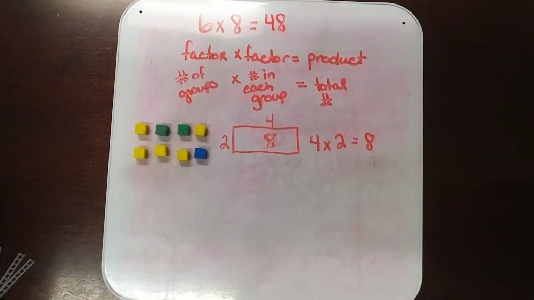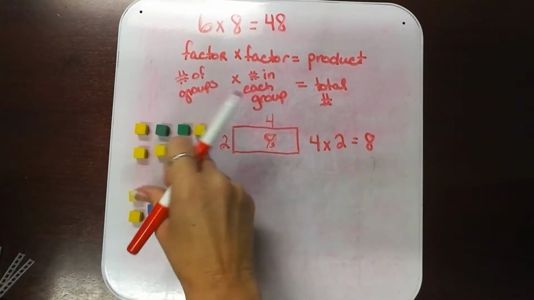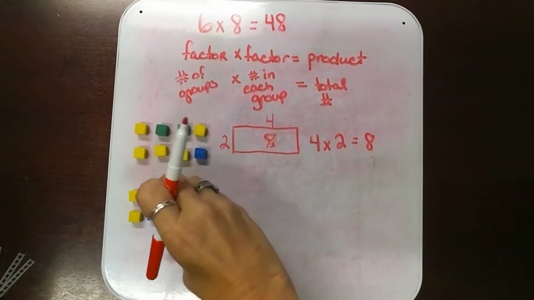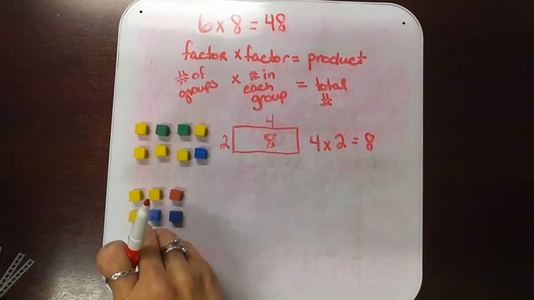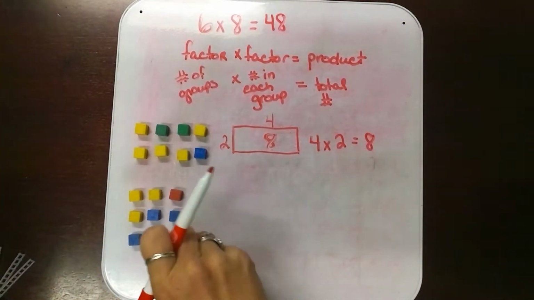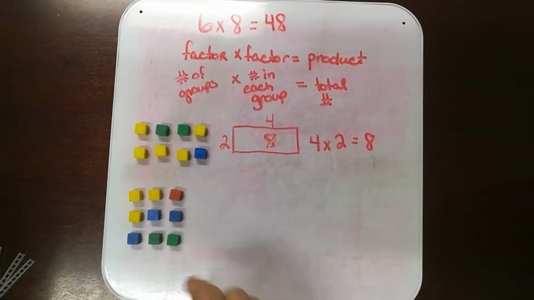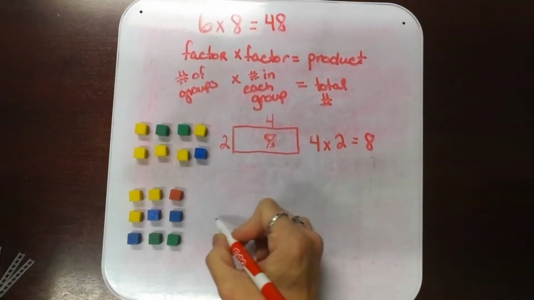It would be a great time to do something like this, because one of our TEKs says that we have to teach students about perfect squares. So I may do something like this. It's 3 rows times 3 columns.